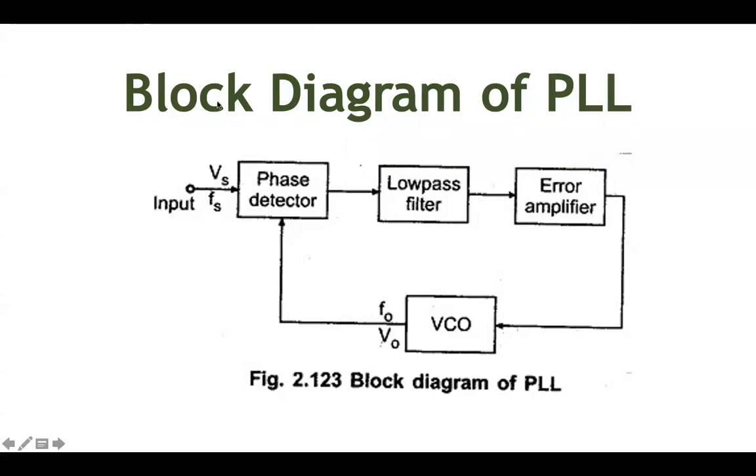If it's not in that range, then it will say that this is the amount of error, and a feedback is given here, right? In the form of VCO, a feedback is given, and accordingly we can change, right? So VS and FS is at the source side, voltages and frequencies, and F naught and V naught is at the output side of VCO, which is output frequency and output voltage.